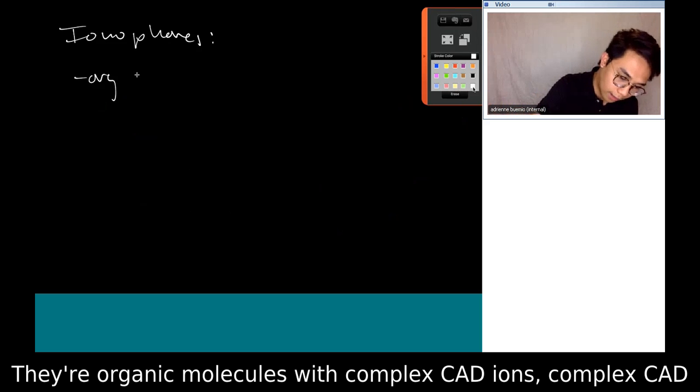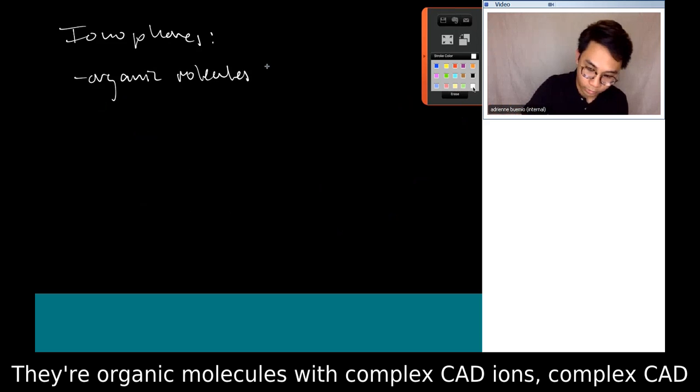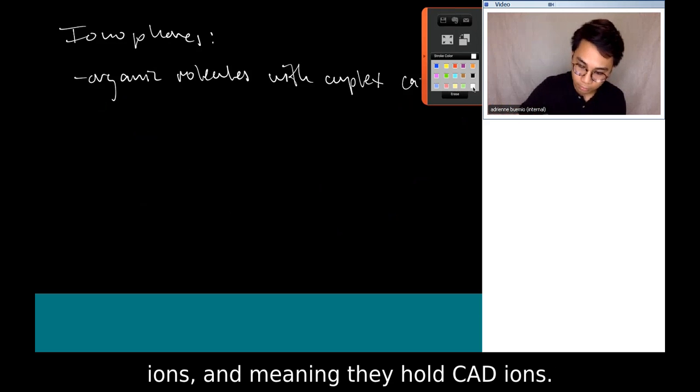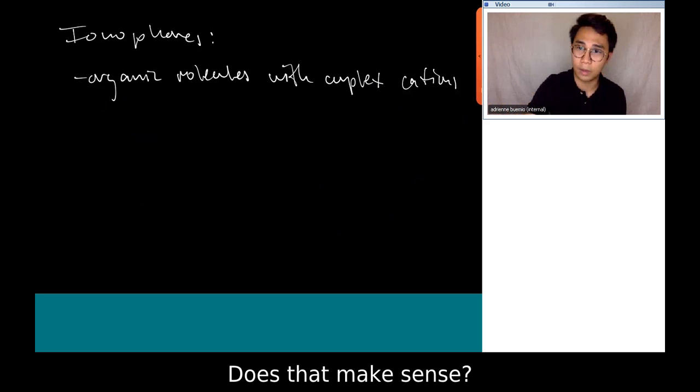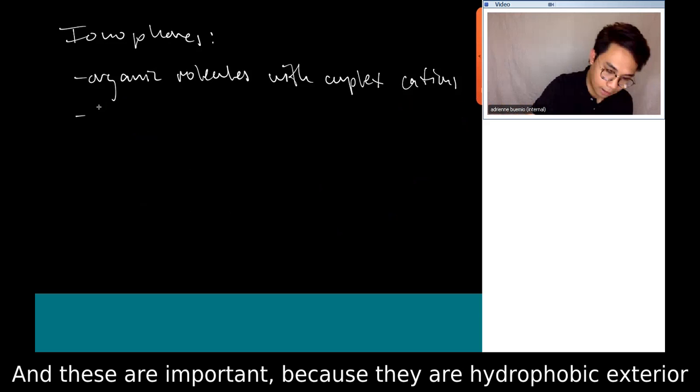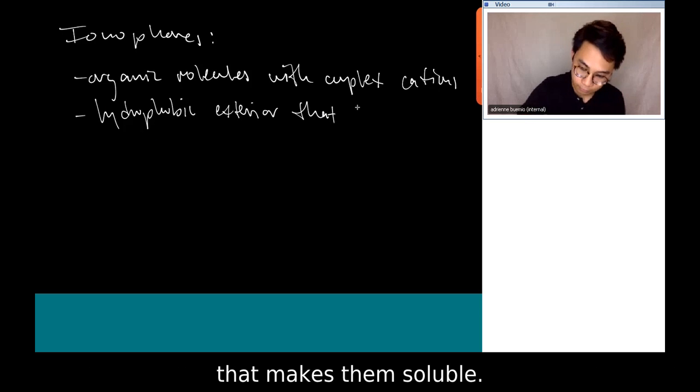They're organic molecules with complex cations, meaning they hold cations. Does that make sense? These are important because they are hydrophobic, with a phobic exterior that makes them soluble. Again, solubility, right?